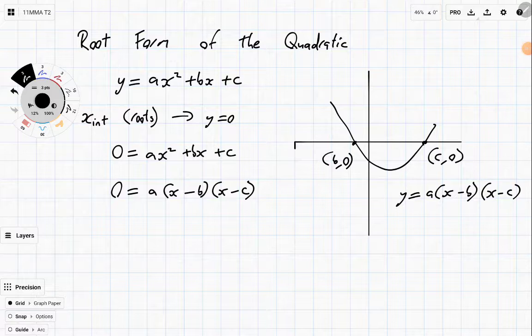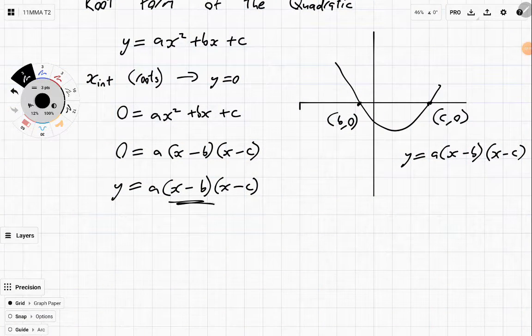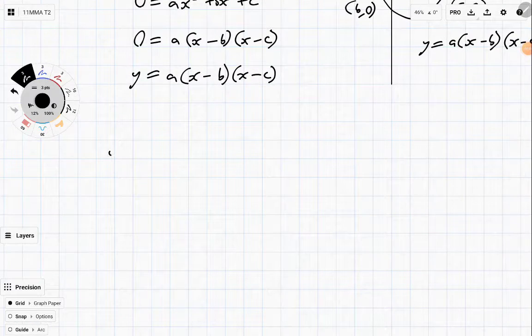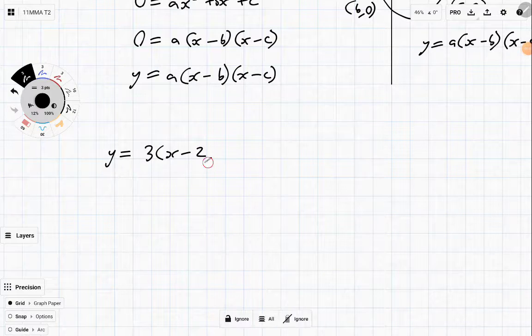So root form is a really powerful thing, because if you can write your equation as y equals a times x minus b times x minus c, you by default know that b and c both have to be roots of the function. So let's actually have a go at trying to sketch it. So we've got y is equal to 3 times x minus 2 times x plus 4.